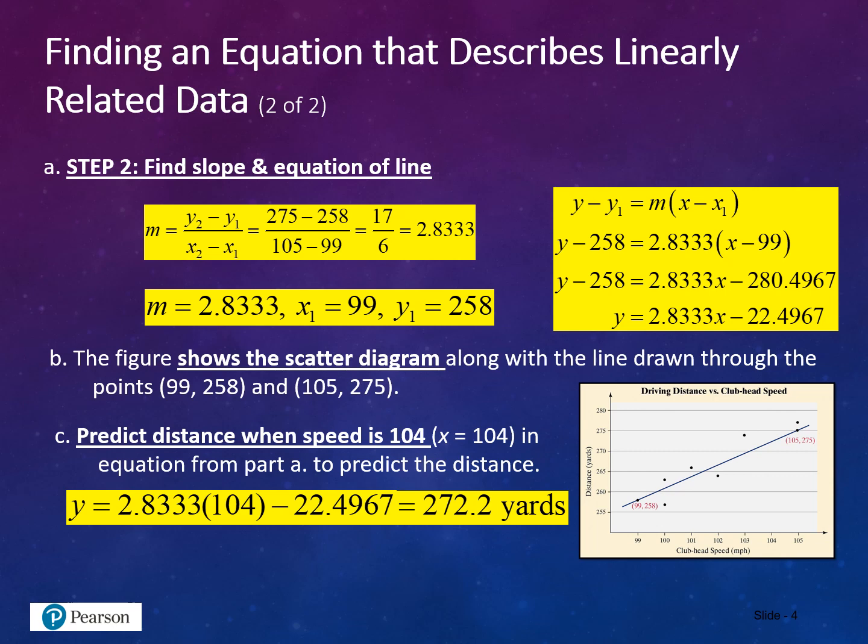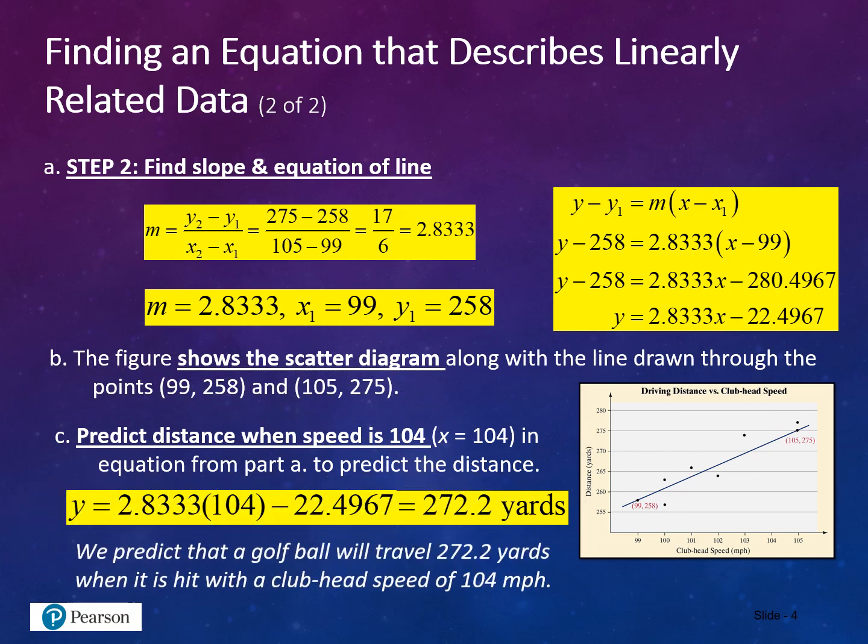But this is really a predictor of other values. And this is often how we use statistics so that we can make inferences about what would happen in other cases. So we predict here that a golf ball will travel 272.2 yards when it is hit with a club head speed of 104 miles per hour.